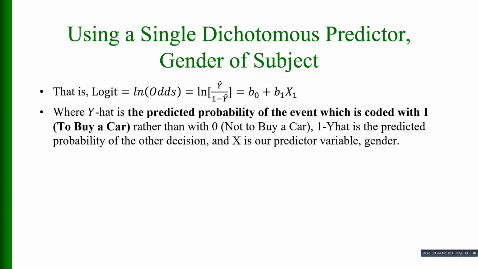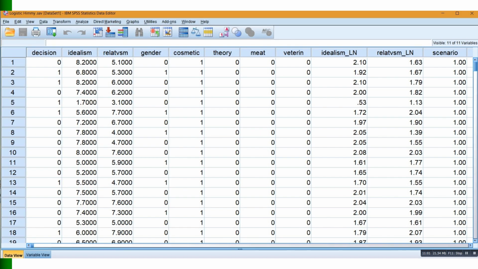1 minus y hat is the predicted probability of the other decision, and x is our predictor variable, that is gender, and it has two categories. 1 stands for male and 0 stands for female. So that is the basic idea, and this is a file in which here is the dependent variable, and that is a decision, and there are, sorry, let me go back.